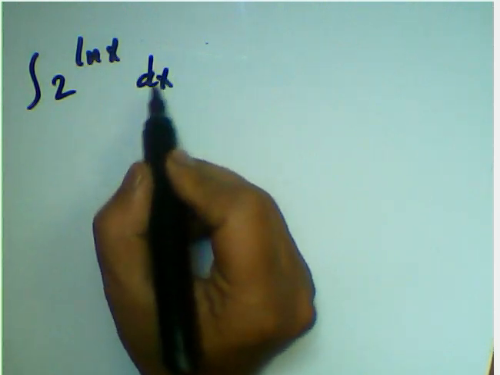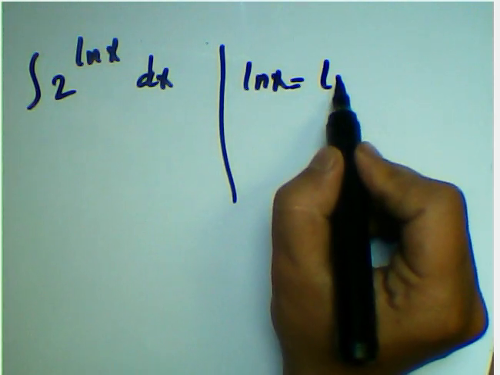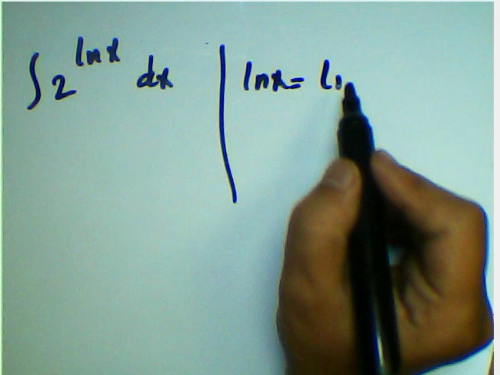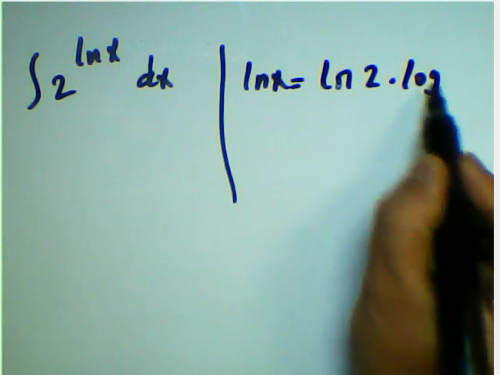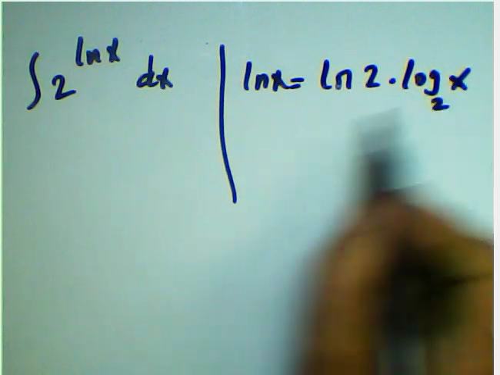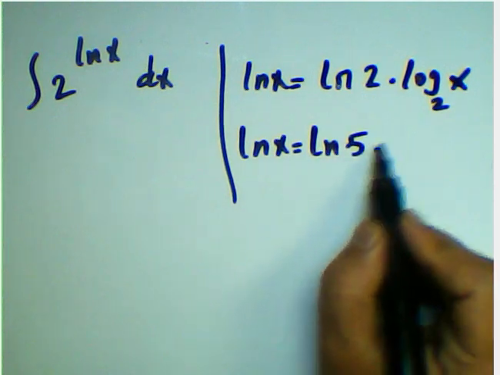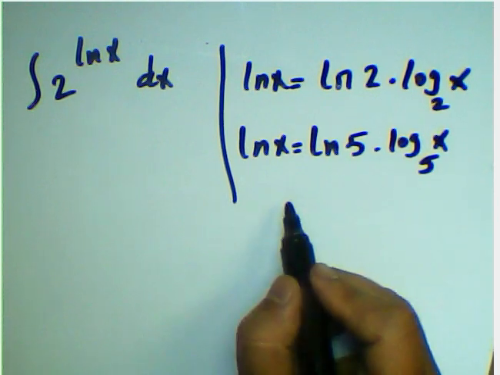Look at this integration. We want to find the integration of 2 power ln x dx. Think with me here. We know ln x equals any number multiplied by ln of this number, such that 2: ln 2 multiplied by log x to the base 2, and if we put 5, it will be ln 5 multiplied by log x to the base 5.